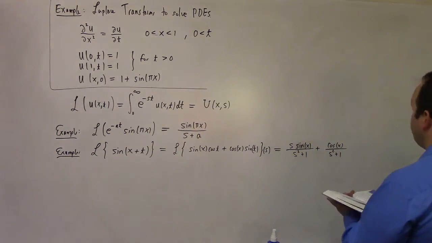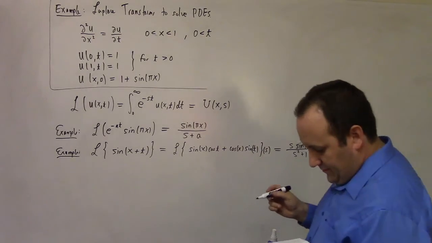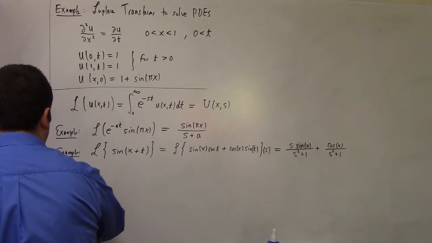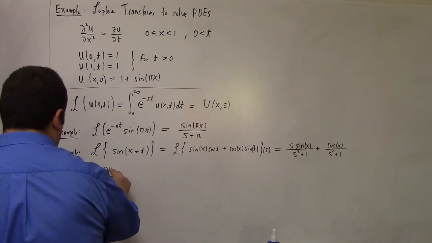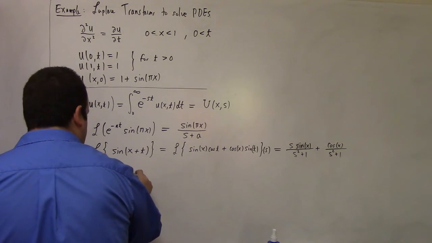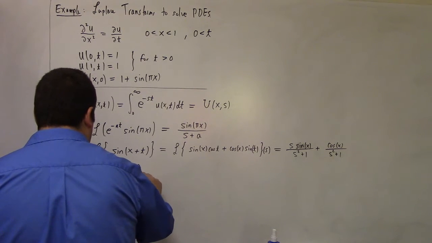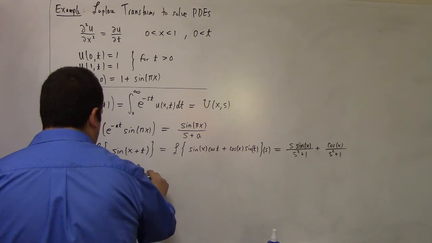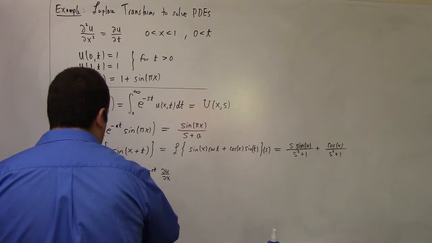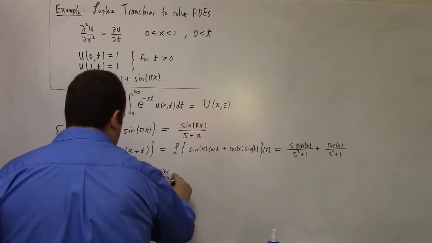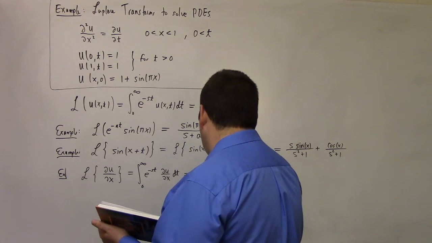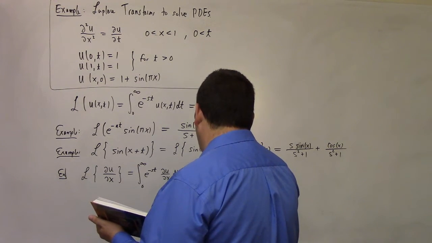How about the Laplace transform of the partial derivative? Partial derivative with respect to x is what? So we're looking at the integral of e to the minus st, partial u, partial x, from 0 to infinity, dt. And so basically we just use a little advanced calculus, unjustified as usual.